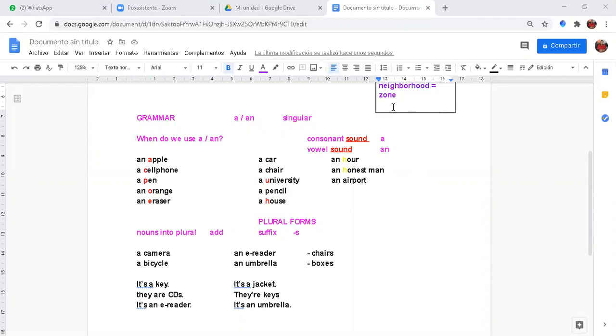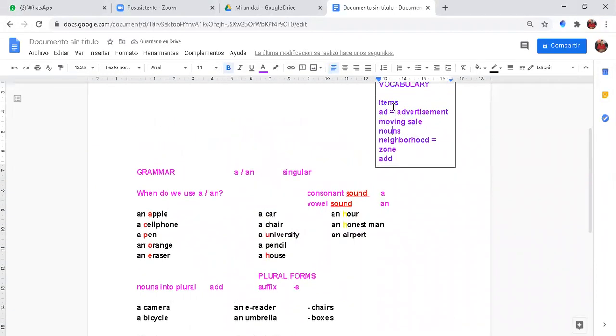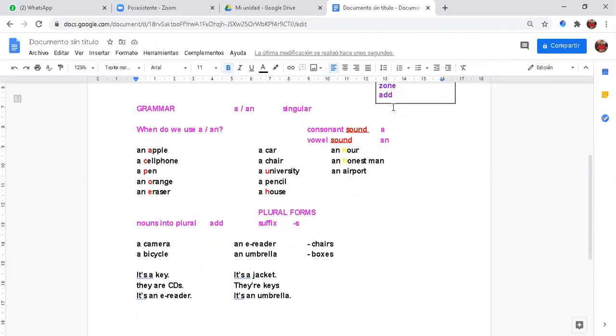It is add, it's different. Add, add. Okay, good. And it says to form plurals, add. What are you going to add? A suffix, yes.